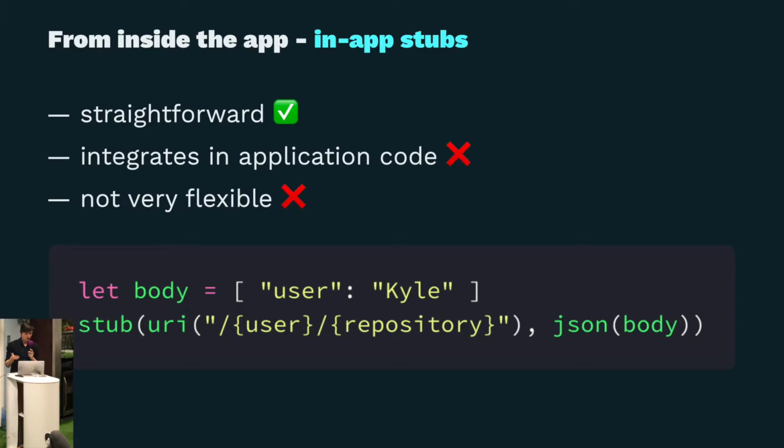What do you need to do to implement this approach? First, you need to integrate this code in the app. It can be different targets, like a special test doubles target or whatever, but anyway, you need to make the app use this somehow. The problem is not that your app will be aware that it's running in a UI test, with some compilation condition that uses this instead of the real URL session. The problem is how much code you will need to write for that and how well isolated from the app it will be.